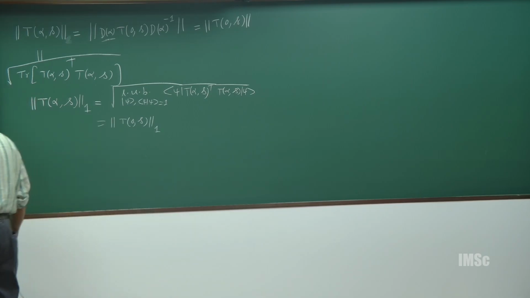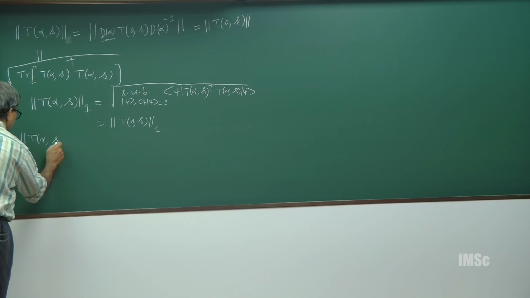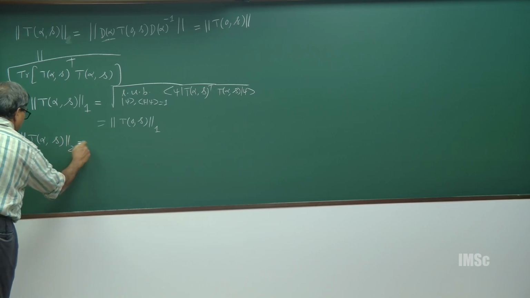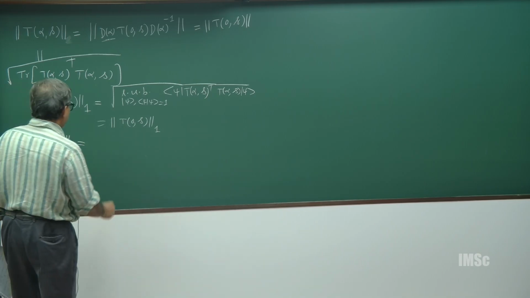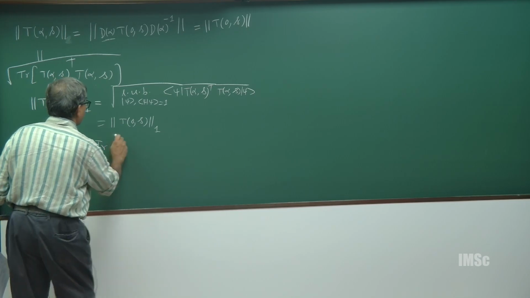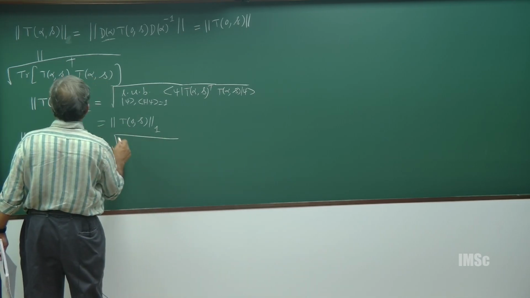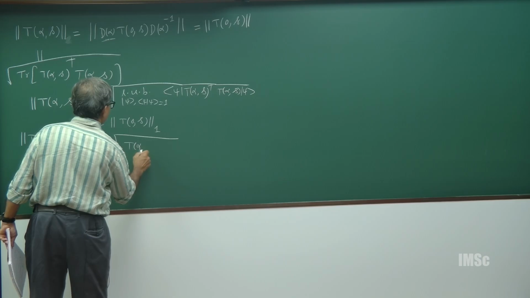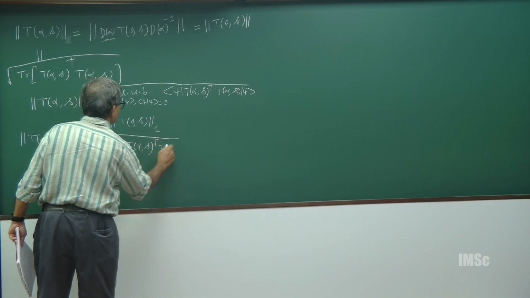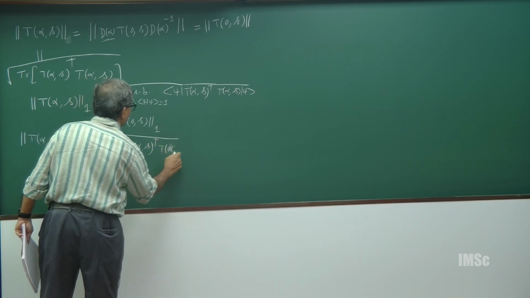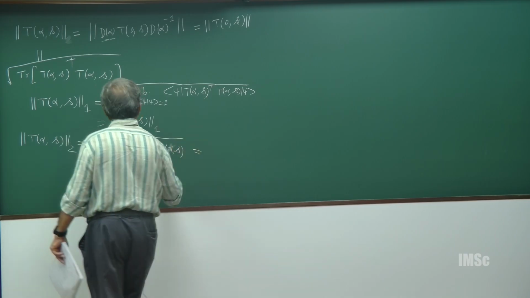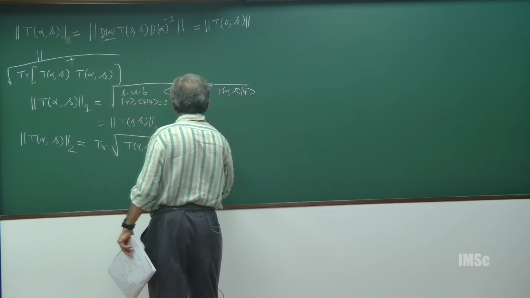And the third is the 2-norm of T of alpha S. That is the trace of the square root of T of alpha S dagger T of alpha S, which again will not depend upon this displacement unitary.